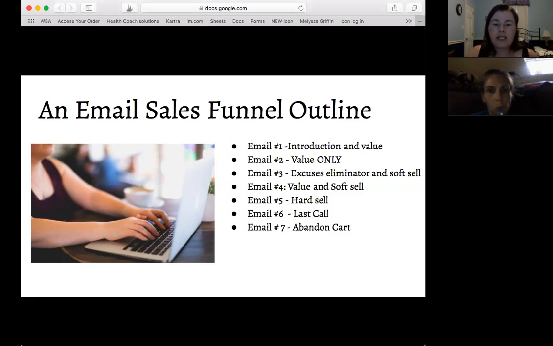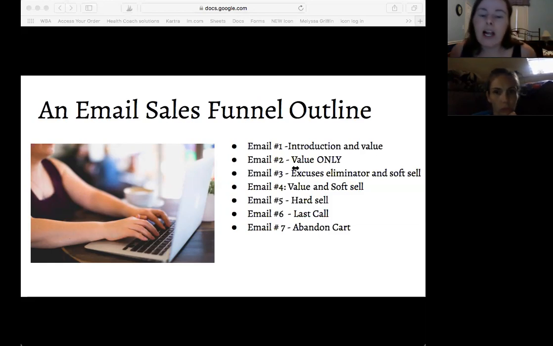So then you're going to send another email the next day, and it's going to be a value-only email. So you might have sent a blog post link or two yesterday. Well, now you're actually going to write this like a blog post. This email is just going to be information, and what you're going to talk about is hopefully going to cause a mindset shift, right?